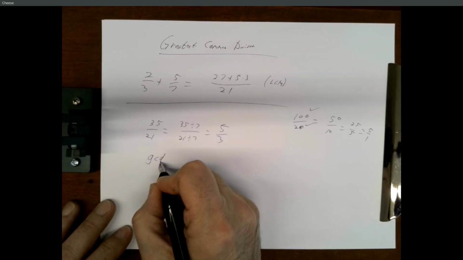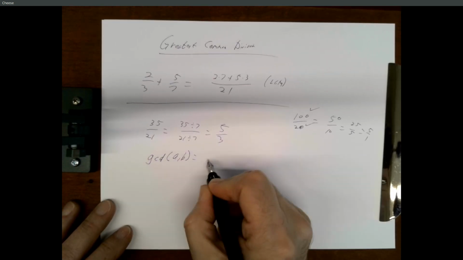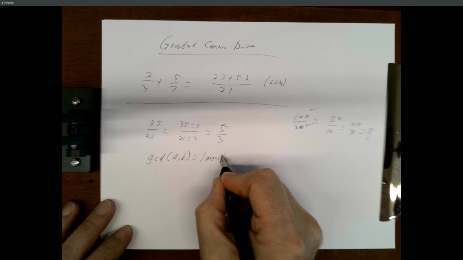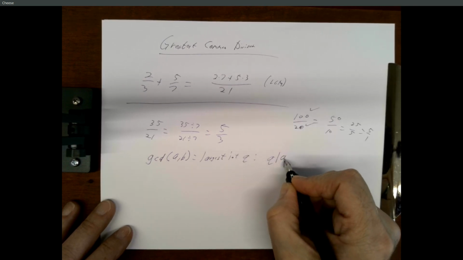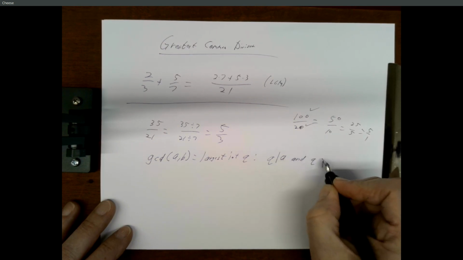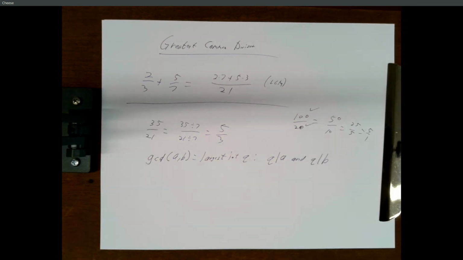So the greatest common divisor of two numbers a and b equals the largest integer q such that q divides a and q divides b. And let's just think about positives for today, okay? Let's not worry about if any of these things are negative. Let's just think about positive integers finding the greatest common divisor.